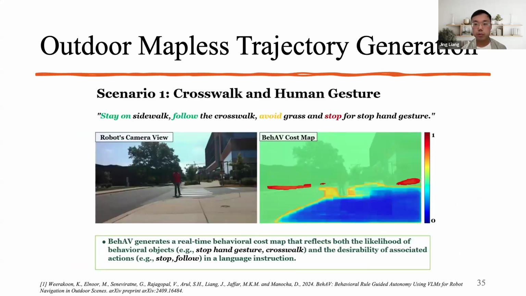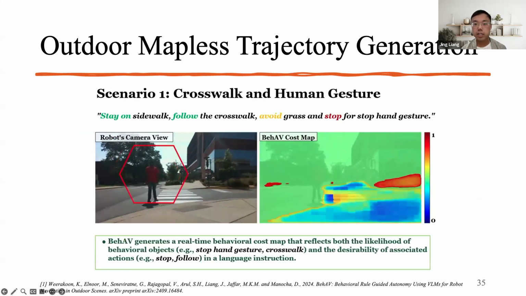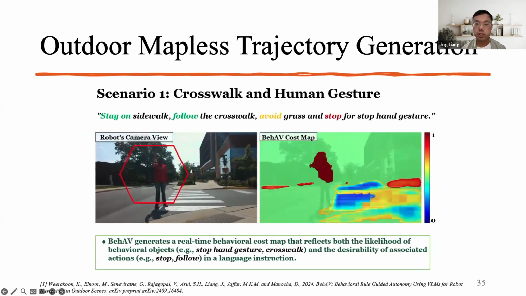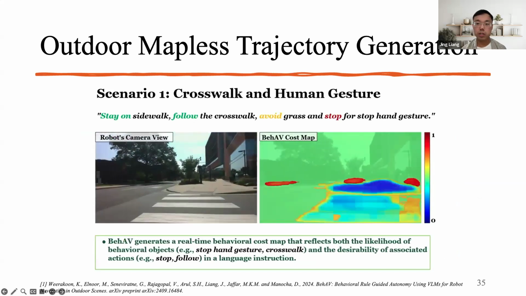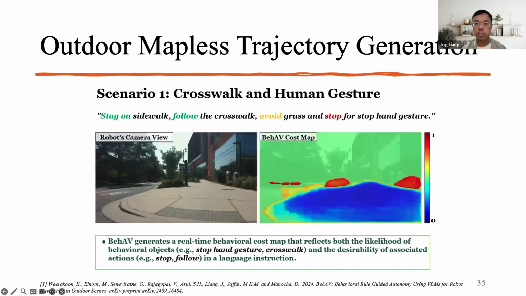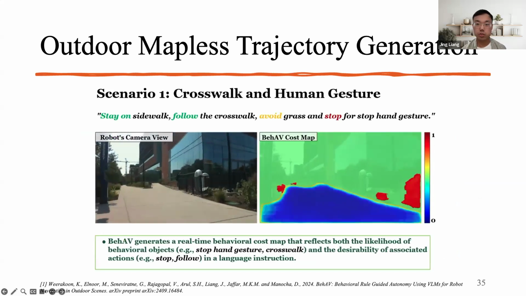So this video shows the performance of our approach in different scenarios. As we can see, our approach generates a behavior cost map that reflects both the likelihood of the behavior objects and the desirability of associated actions in the language instruction.